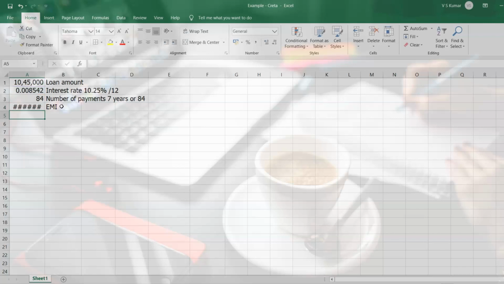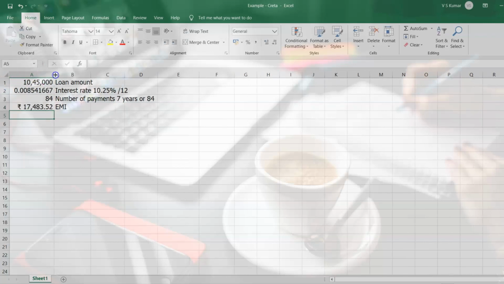Give enter, you get the EMI, which is 17,483 rupees 52.